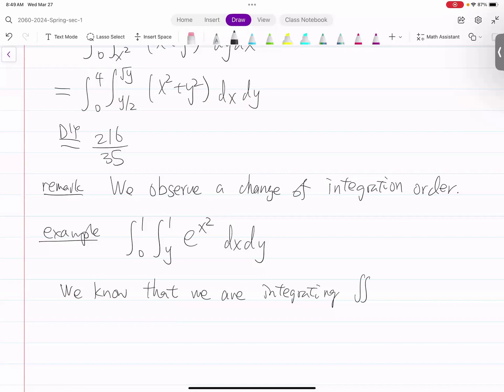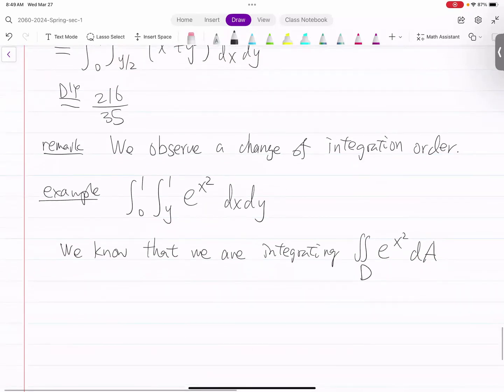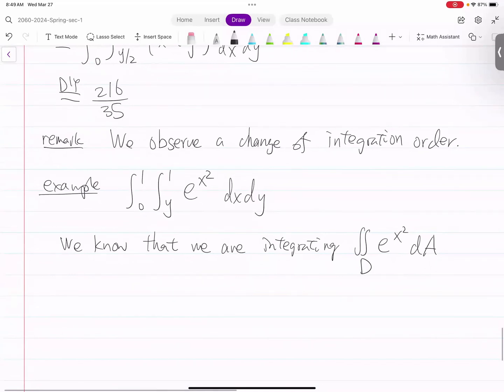Actually, we can rewrite this integral in terms of the integral over the region D of this e to the x squared function, okay, where the region is actually the following region. So we just copy from the integral definition.